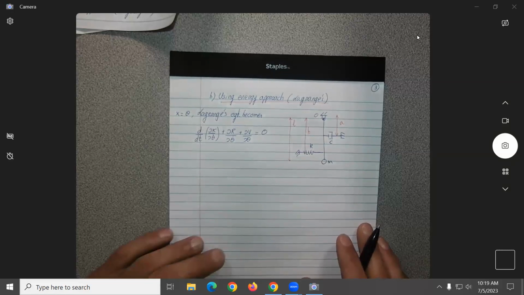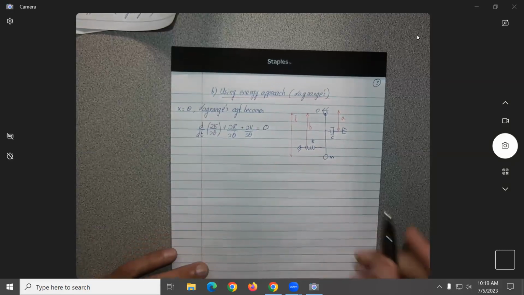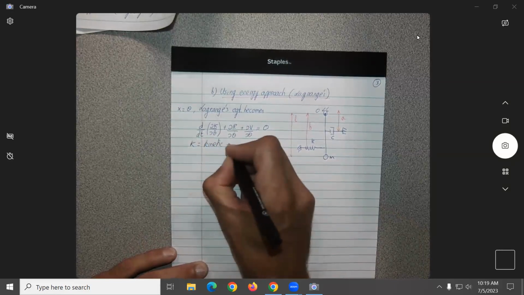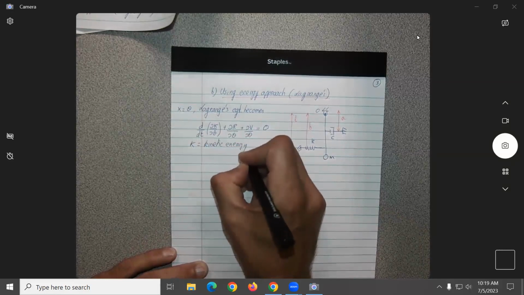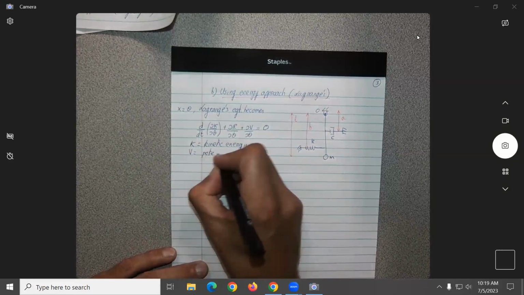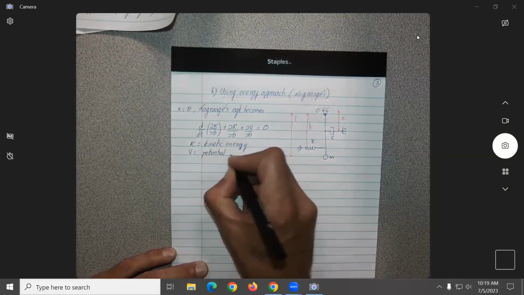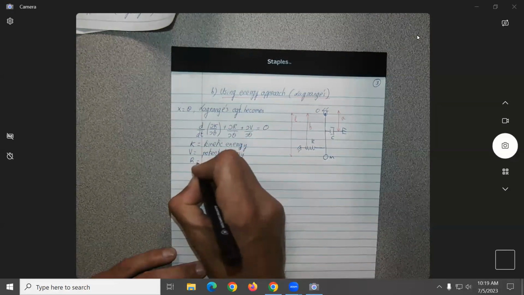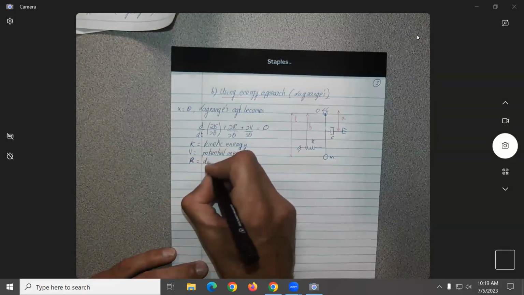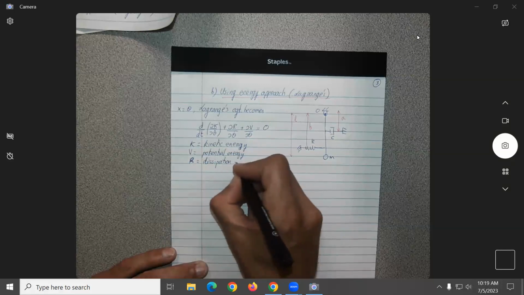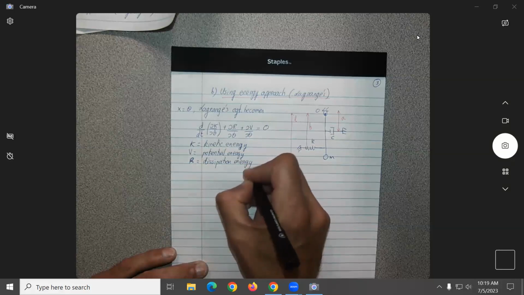Okay, so over here, what are we gonna have? We know that K is the kinetic energy, V is the potential energy, and R is the dissipation energy.